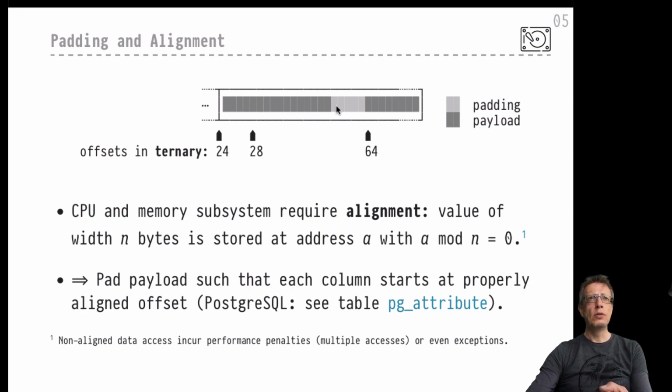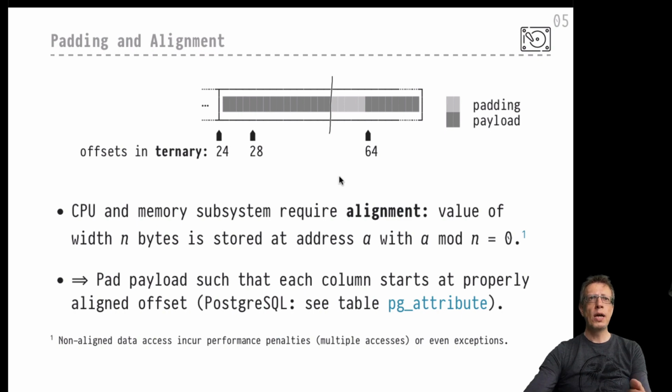And actually, this is the point where this textual data would be complete already, and we could now store the bytes for the column C, for the 8-byte floating point column. But alignment requirements of modern CPUs and memory subsystems require us to store an 8-byte value at an address that is divisible by 8 without remainder.